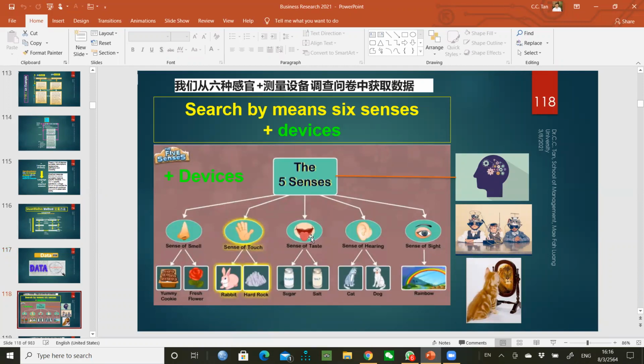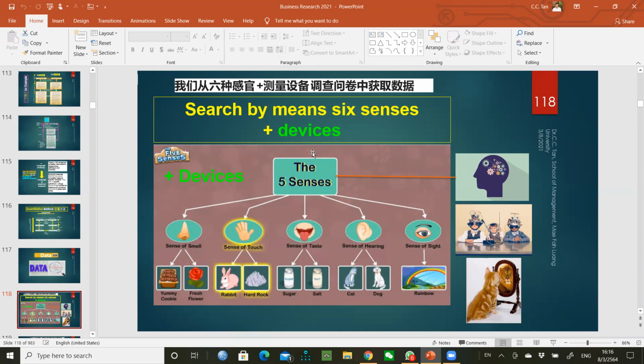we can obtain the data from our 6 senses plus some devices, and now with the technology, the devices are moving towards more internet of things, which can help us to easily get all kinds of data, and big data, and generate a lot of big data, and some of the data may be a little bit more information data in the sense of artificial intelligence data that have already been filtered through artificial intelligence.